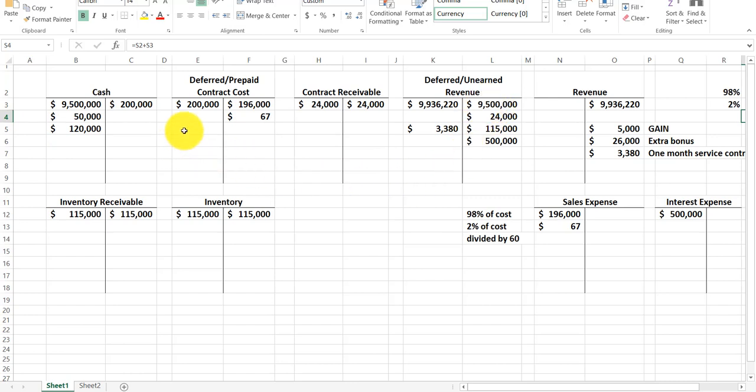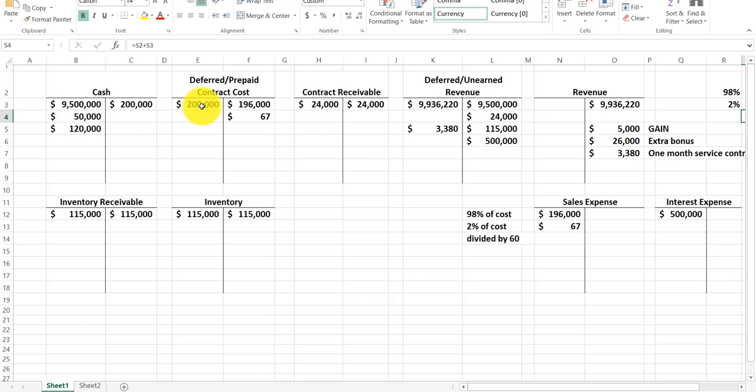You also record the prepaid or deferred contract costs for $200,000 for the bonus that you pay to that person who made the sale. The other costs mentioned are not considered incremental, meaning they would not have happened only because of this contract.